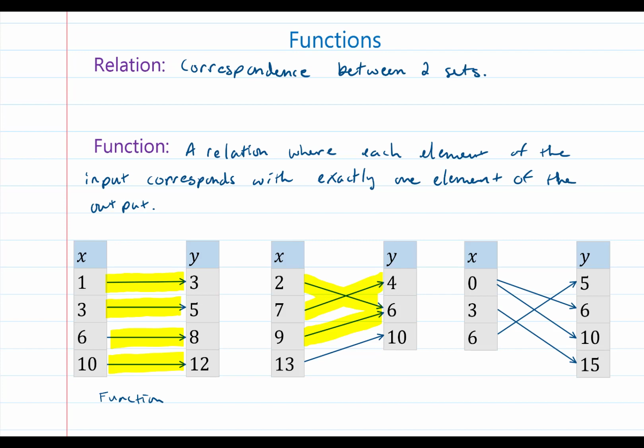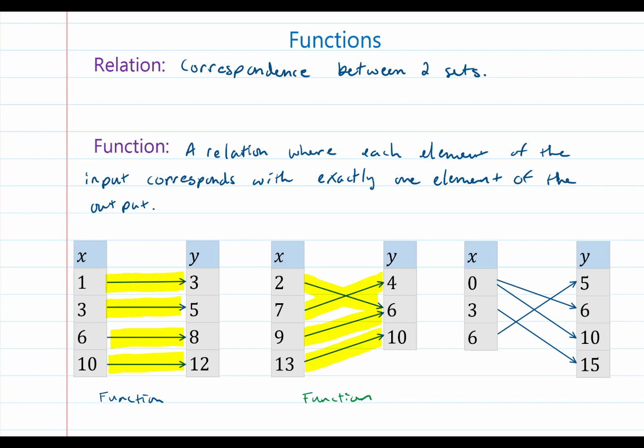It doesn't mention here that they can't share that same output. So in this case, because 2 and 9 both have one element in the output, namely 6, it is still considered a function at this point. And so 13 is paired with 10, so yes, this is in fact a function. So the first two relations are considered functions.